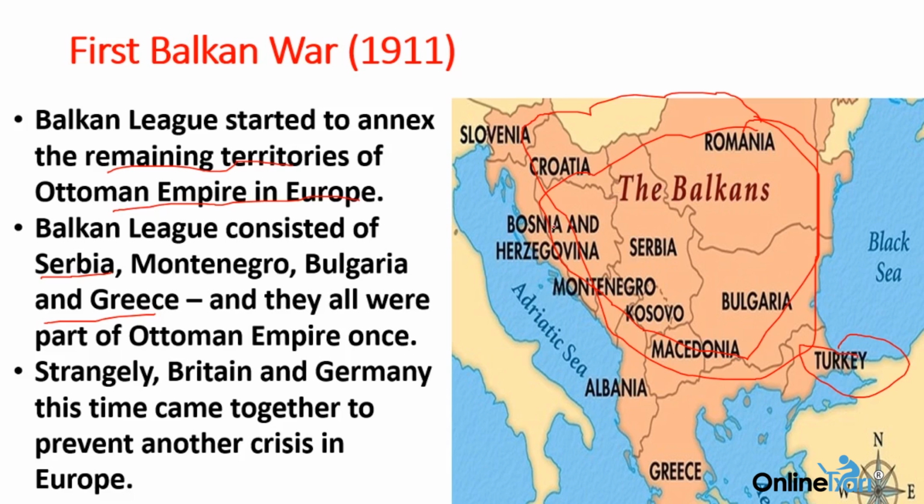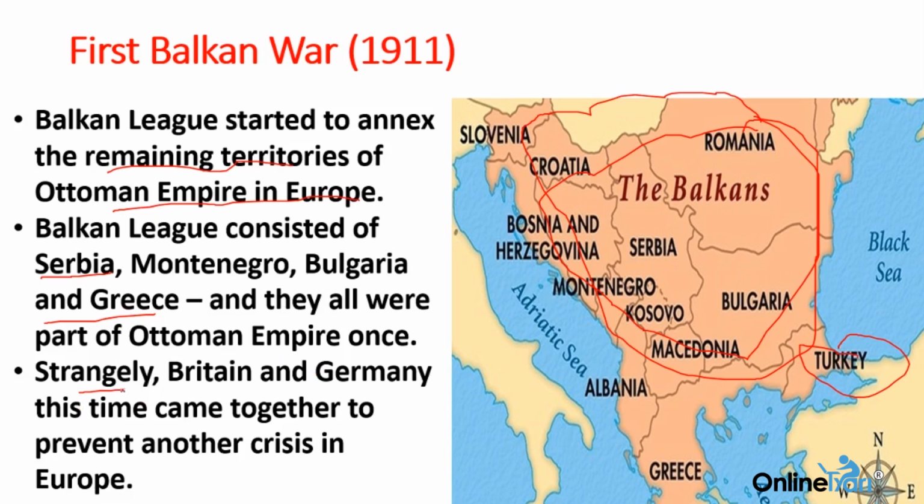Now they announced that they were going to annex whatever territories had been left by the Ottoman Empire, because the Ottoman Empire at that time was so weak that it could not sustain the combined army of the Balkan League, which consisted of Serbia, Montenegro, Bulgaria, and Greece.